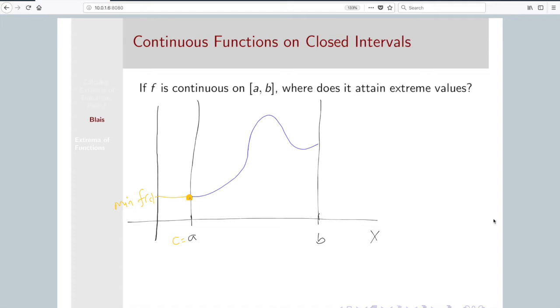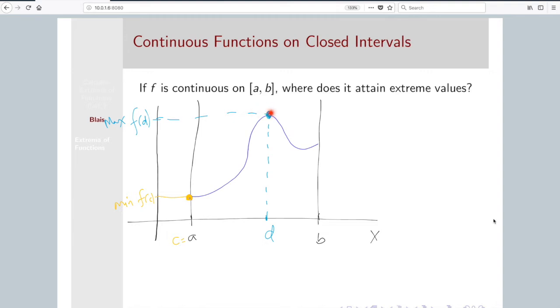But this time, we have a peak here. And this will be our d. And so this is our max, which we're calling f of d in our terminology. Now the big difference here is that this was not an endpoint. So the minimum happened at an endpoint, the maximum happened in the interior of [a, b].